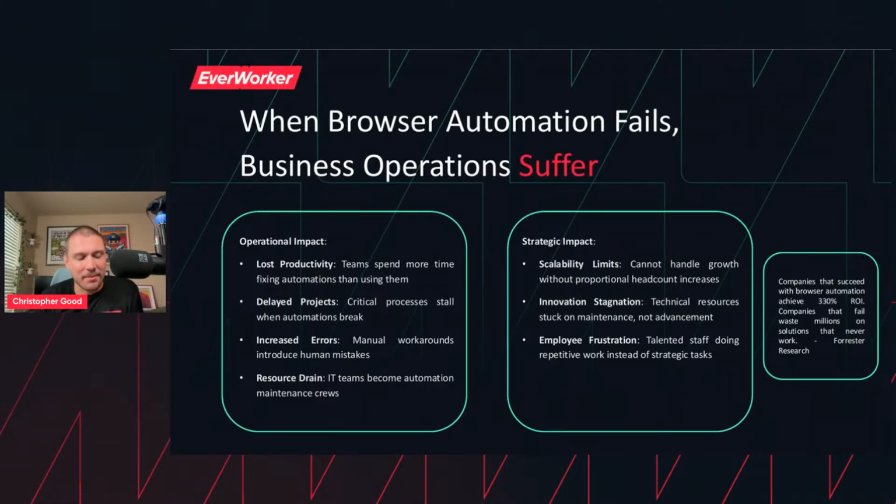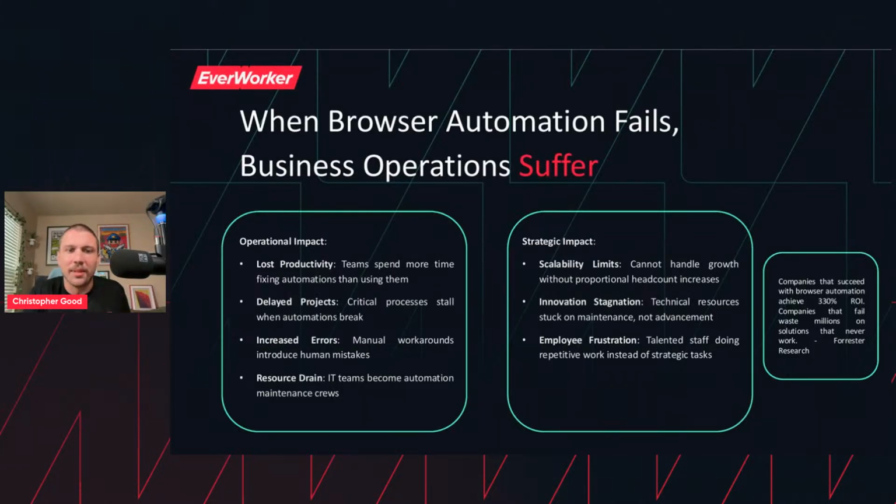And your IT teams become automation maintenance crews instead of strategic technology enablers. But the strategic impact is arguably even worse. You hit scalability limits. You can't handle growth without proportional headcount increases. Technical resources get stuck on maintenance instead of advancement.